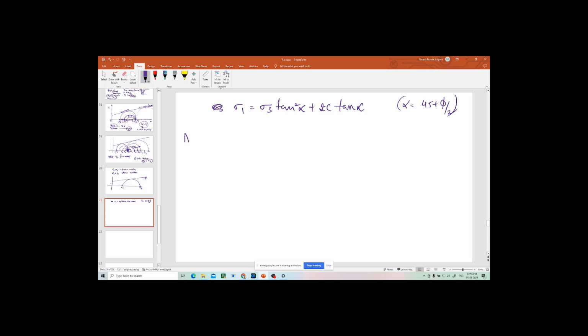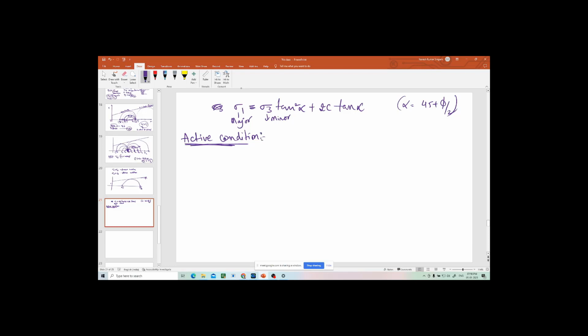Now I will ask you to write in the active condition, if I want to replace sigma 1 and sigma 3 with sigma h and sigma v, can you tell me in active condition what can I write? I told you sigma 1 is major, sigma 3 is minor. So minor should be on the RHS side, major should be on the LHS side.